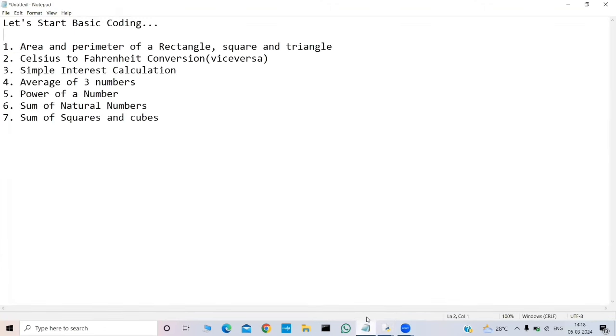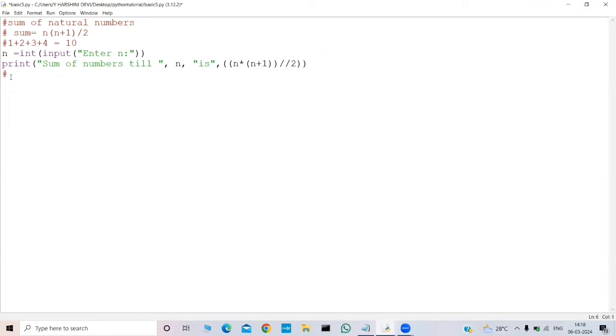Okay. And the next was sum of squares and sum of cubes. So we know the formula for sum of squares. That was n into n plus 1 into 2n plus 1 by 6, right? Okay.